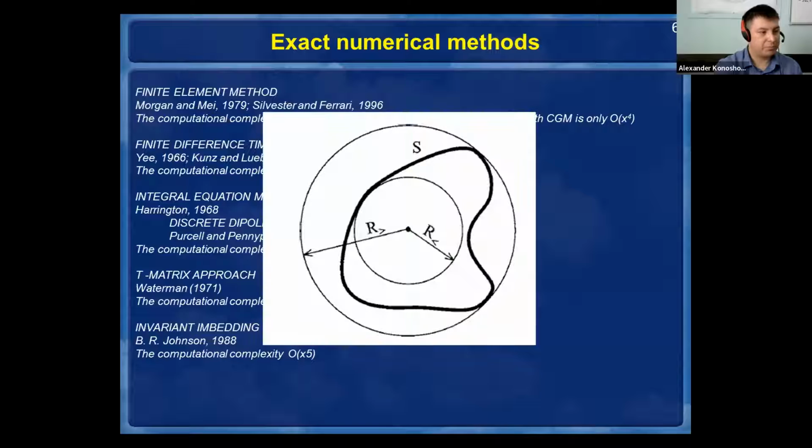The T-matrix approach is a very good approach. It's very suitable for large particles, but it's based on spherical functions, and if the particle is non-spherical, such as an ice crystal, you cannot apply it. There are also invariant embedding matrix methods.